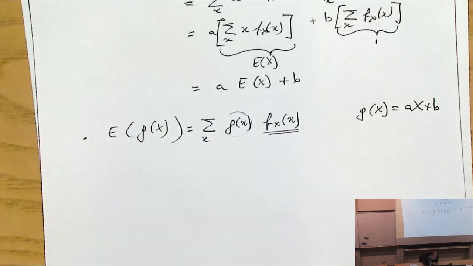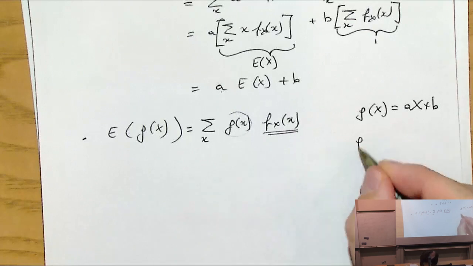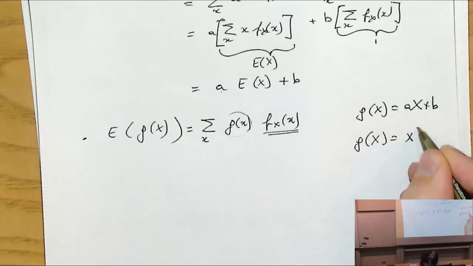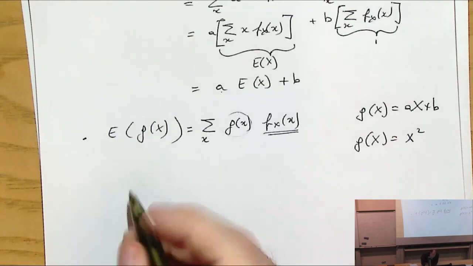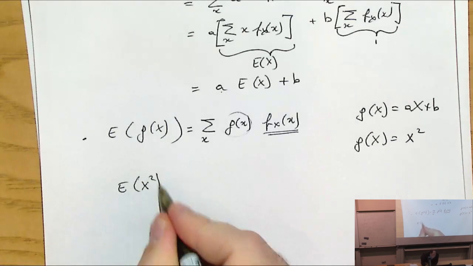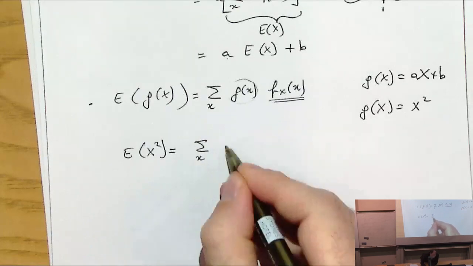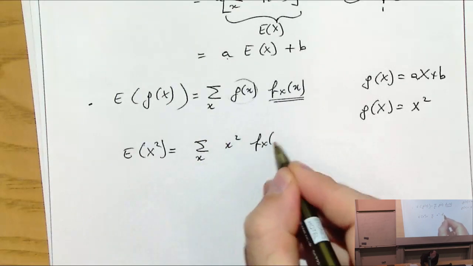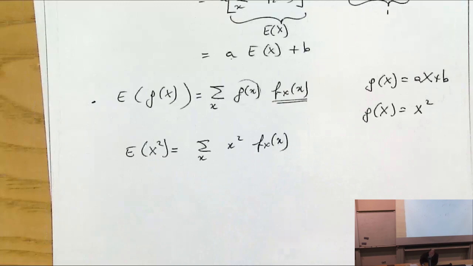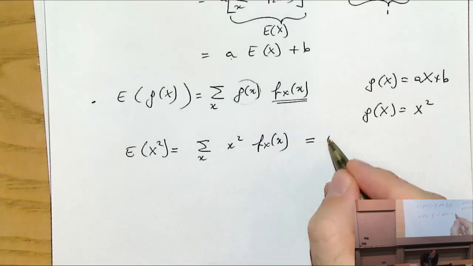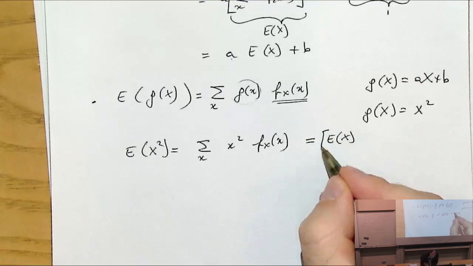Okay? So one example, what if I take g of X equal to X squared? Now the expectation of X squared is a sum over X of X squared multiplied by the probability mass function. Is that the same as this?